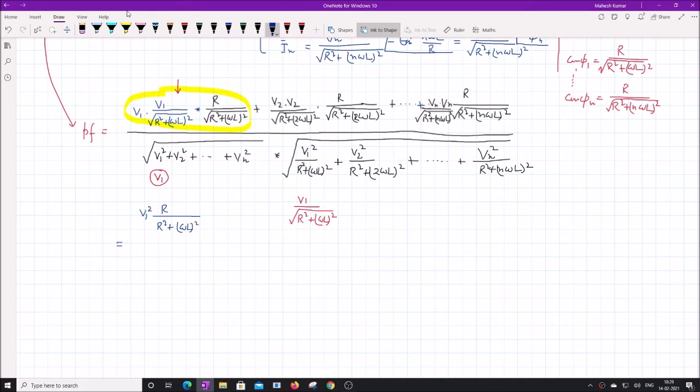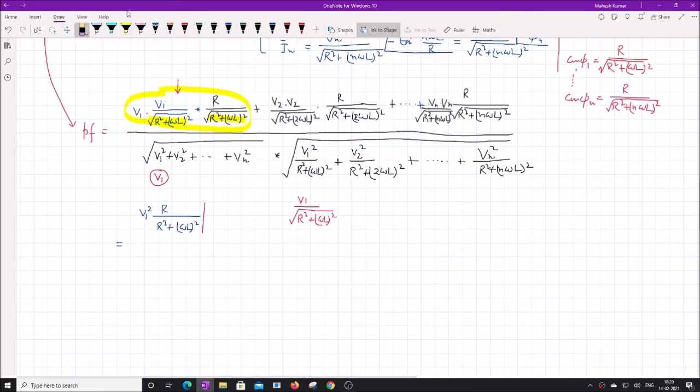This is common because the root of R square plus omega L square and root of R square plus omega L square together becomes R square plus omega L square. So this is now common, so I will take a big bracket here.